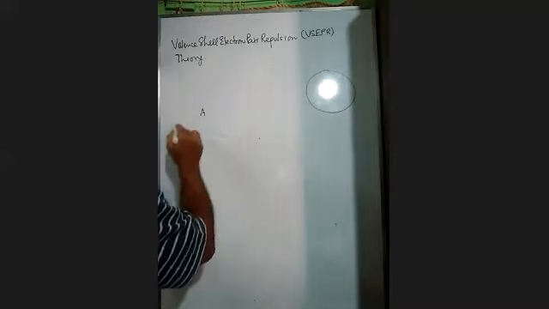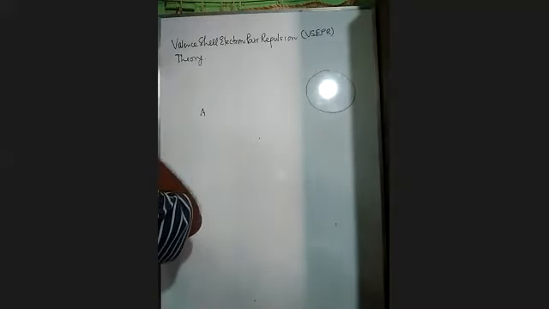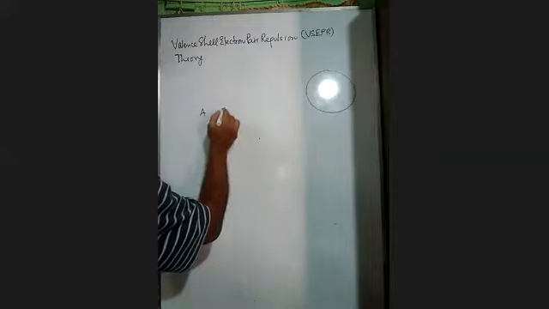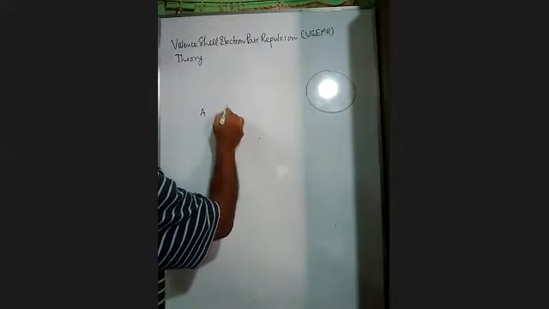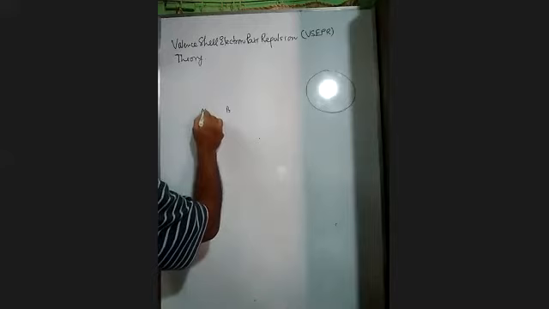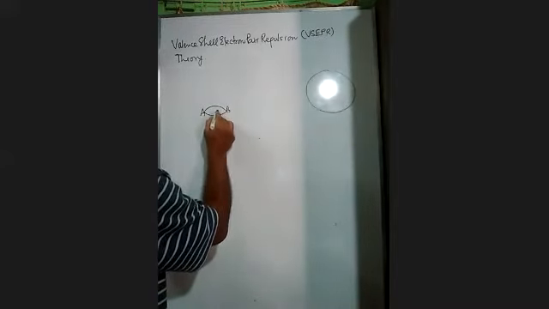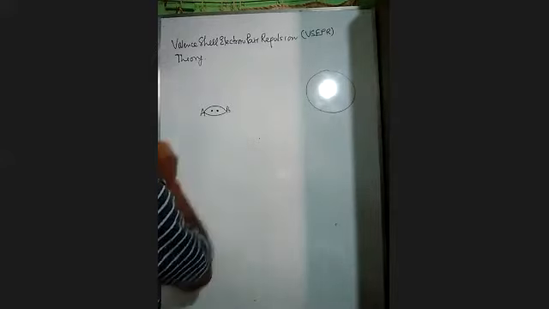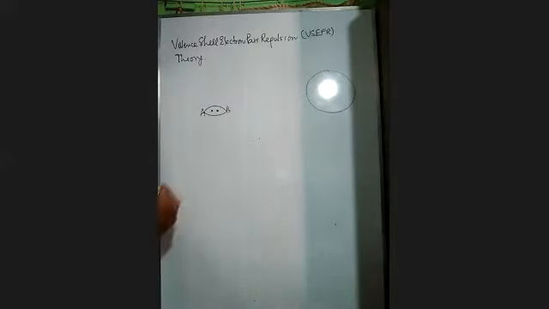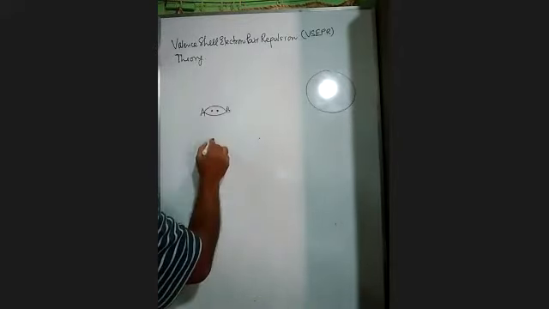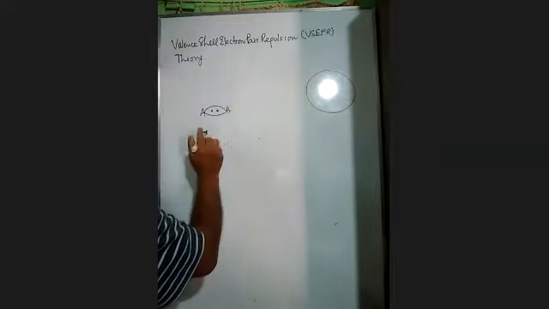Suppose a molecule A has formed a bond with B. In this case, this has given one electron and this has given one electron. These electrons are being pulled by both the nuclei, so it will become a little stretched, like this.